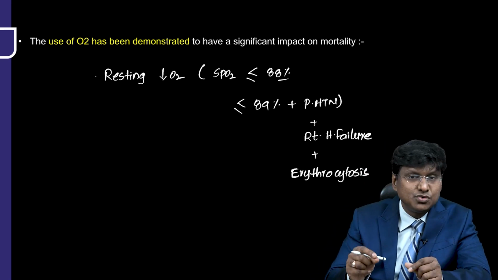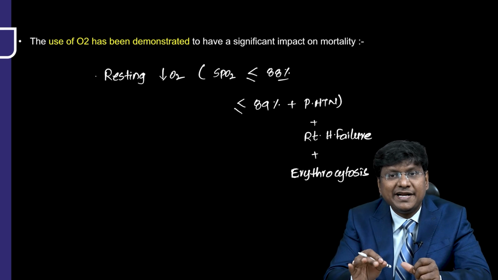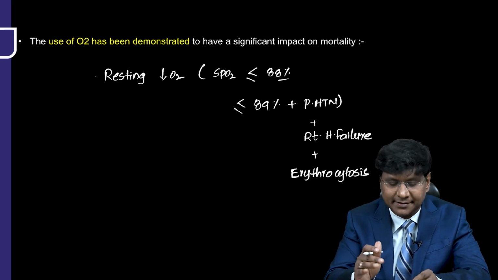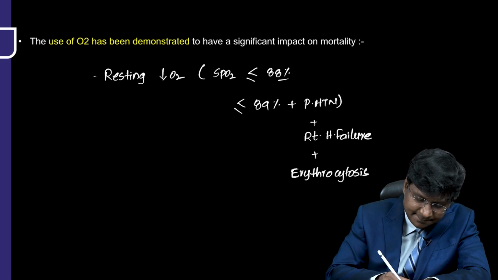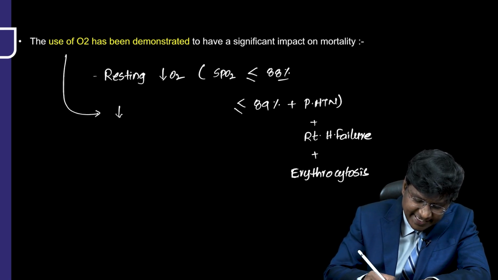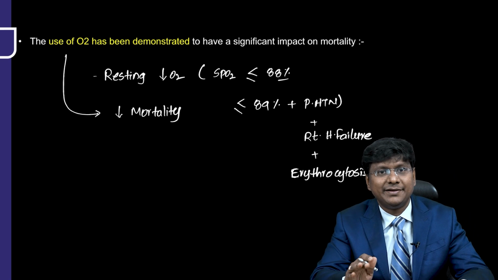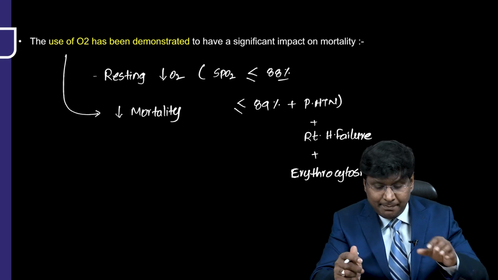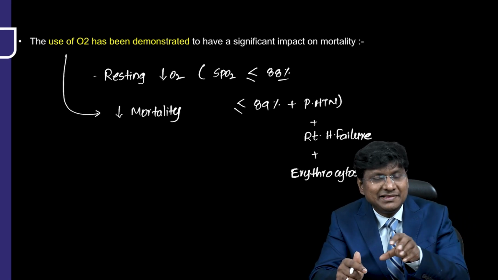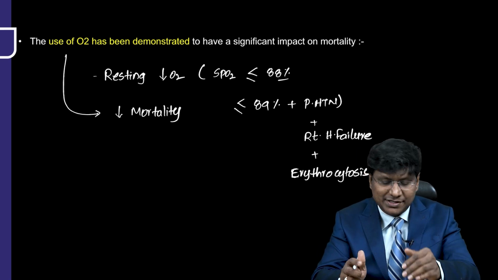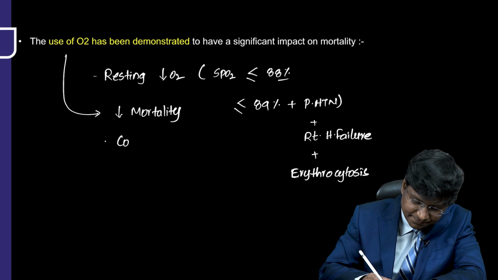The usage of this oxygen has been demonstrated to have a significant impact on mortality. It has been found to reduce the mortality. All right, and patients meeting these criteria should be on continuous oxygen supplementation.